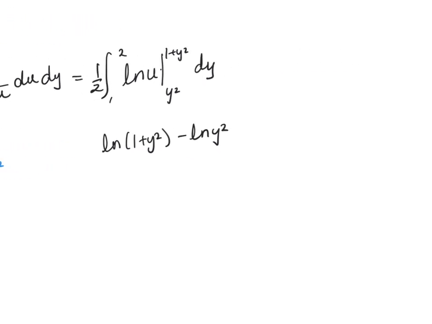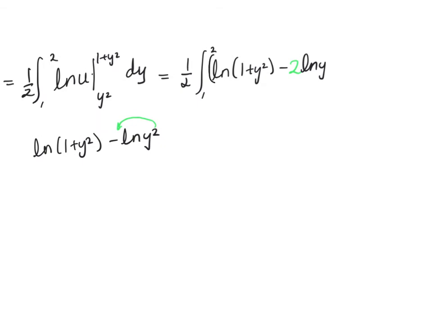So then this becomes 1/2 from 1 to 2 of the natural log of 1 plus y squared minus, well, I'm going to use the rule that says the exponent comes out front as a multiplier, so that'll be 2 times the natural log of y, dy.